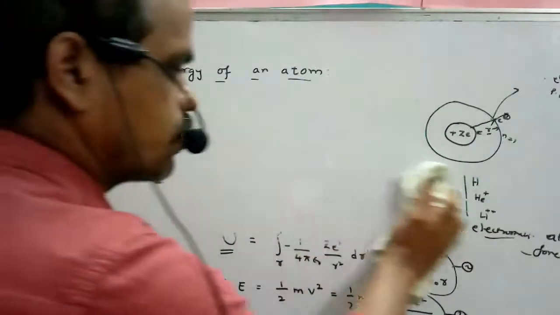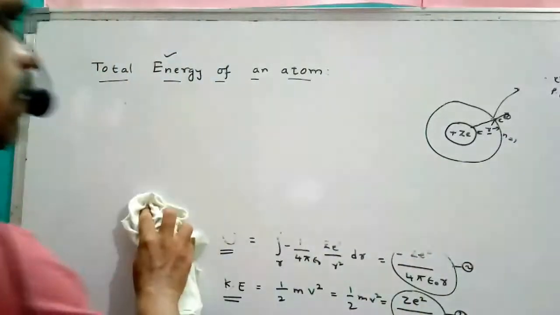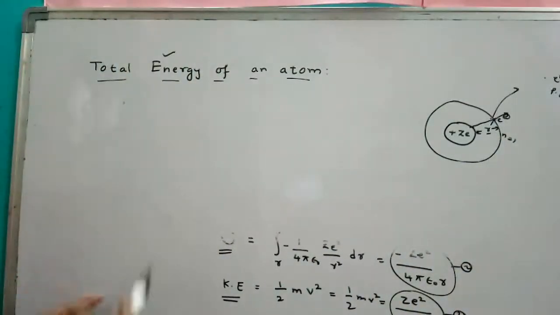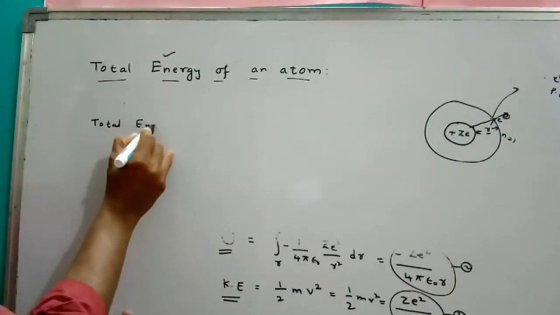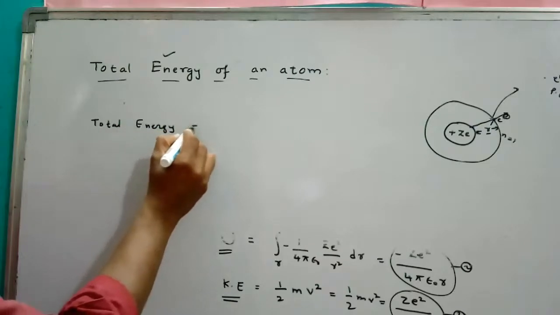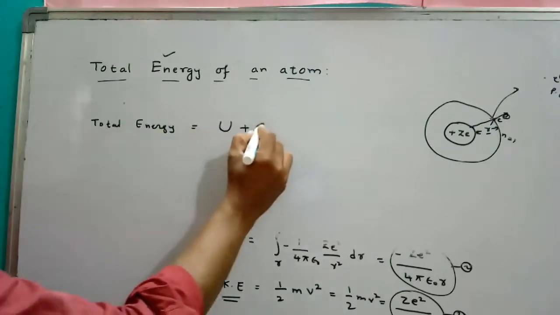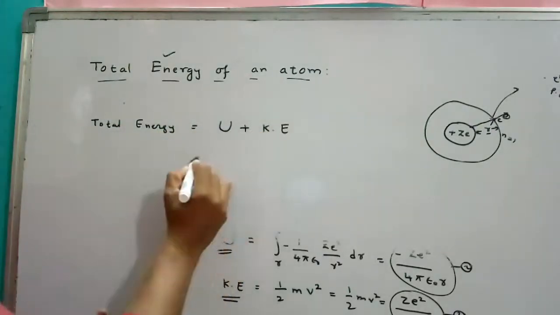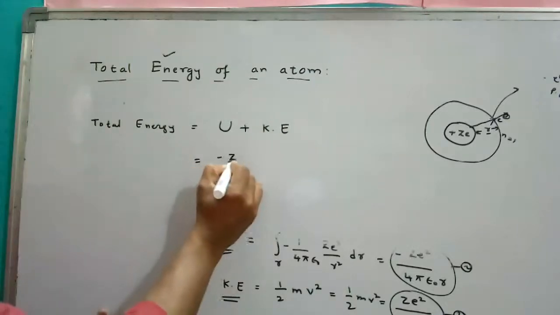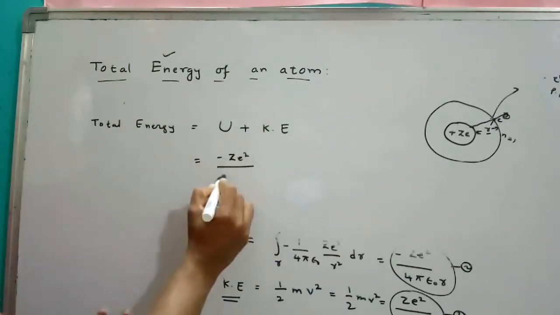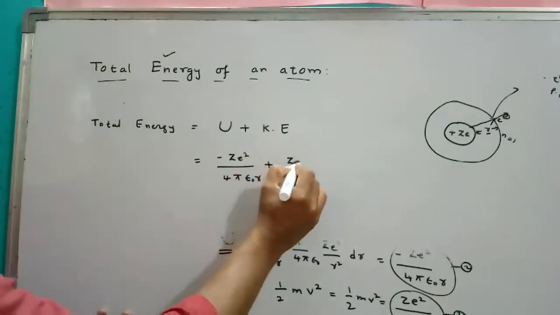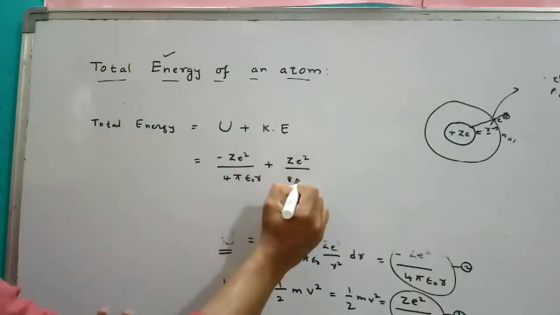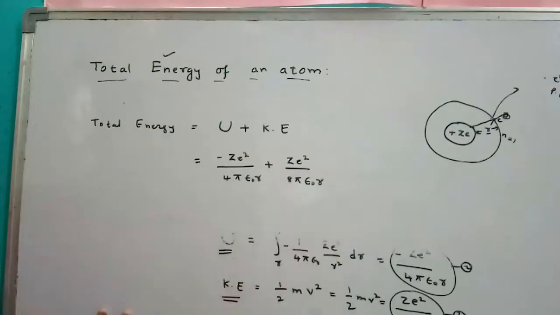Total energy equals potential energy plus kinetic energy. So, from the first equation, minus Z e square by 4 pi epsilon naught r plus Z e square by 8 pi epsilon naught r.